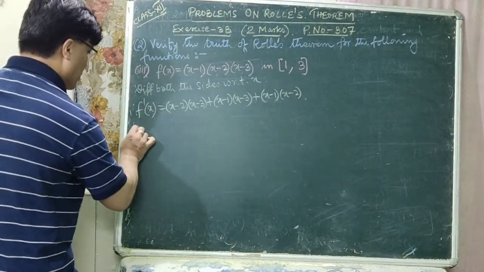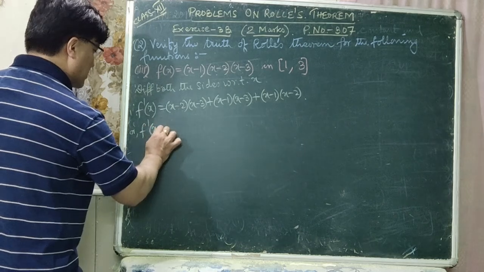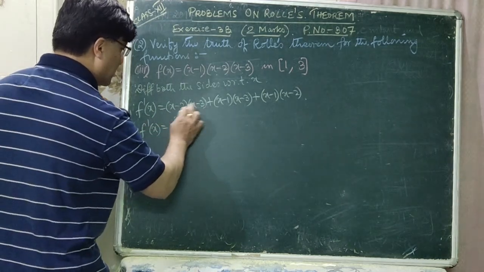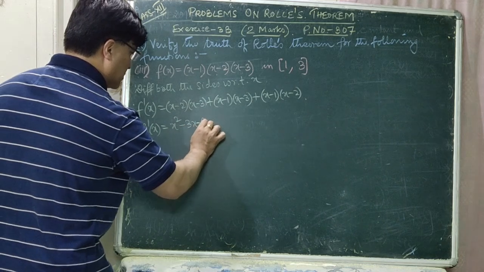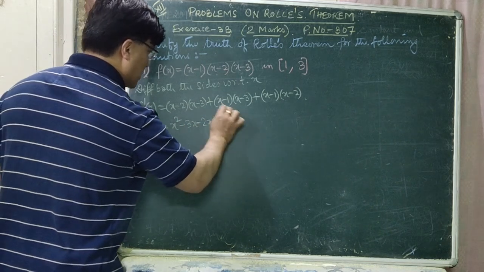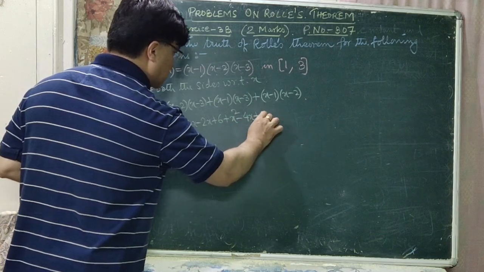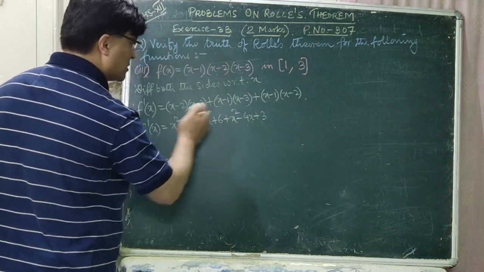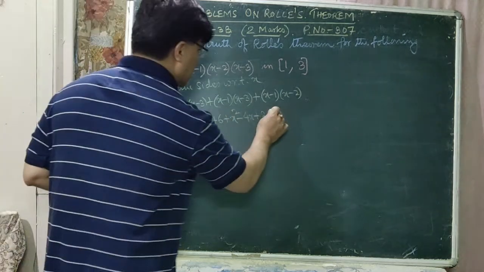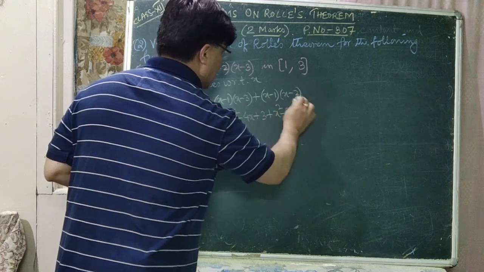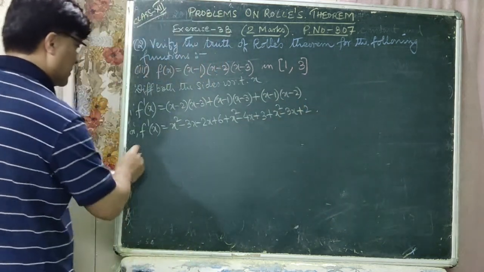Okay. So now f dash of x is equal to, now let us simplify it here. x into x is x square minus 3x minus 2x plus 6, plus this one is x square minus 4x plus 3. You know that minus 3x minus 6 is minus 4x. Then it is x square minus 3x minus 2x plus 2, right?